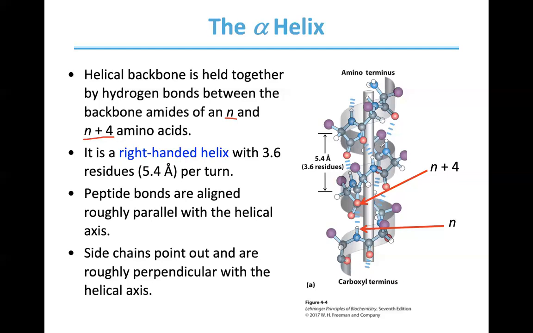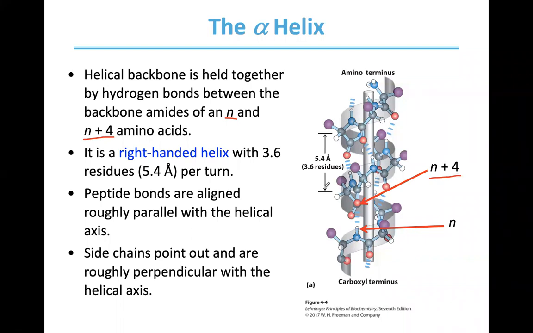It can be seen that, because of this axis, some of the hydrogen bonds are hiding behind this rod, so it's not really visible. But each NH of a peptide bond will be hydrogen bonded to the carbonyl group of the amino acid which is 4 amino acids ahead of it, right?